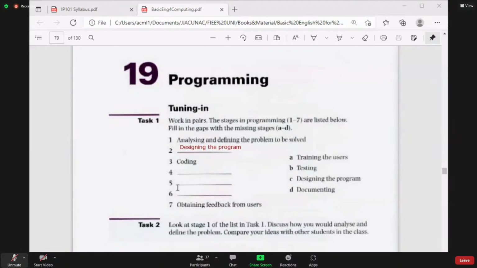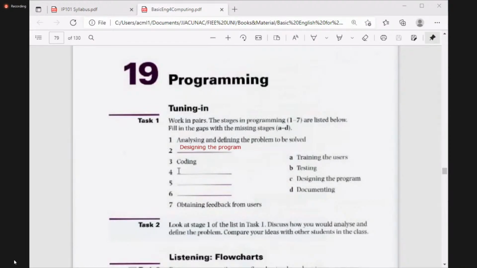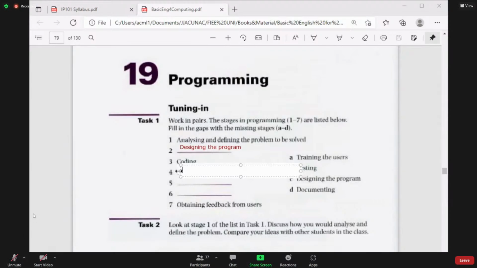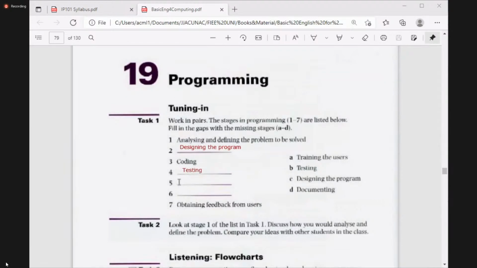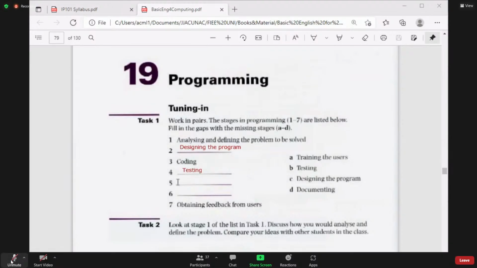Designing the program is how you structure the program using your flowchart. Then we start coding. What else? Testing. Okay, testing the program, how it runs. Then as we receive positive results, we start training the users or documenting.